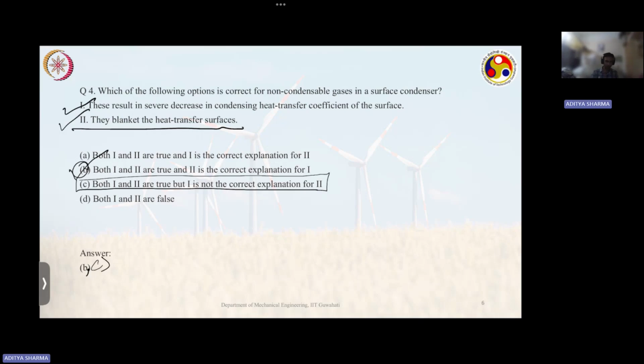Anyways, I hope you have got the point about this question. So this was your question number 4 on non-condensable gases in your surface condenser.